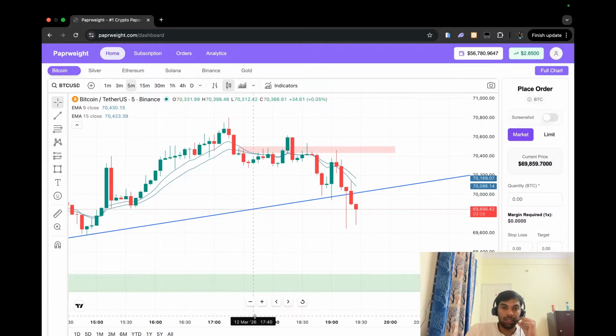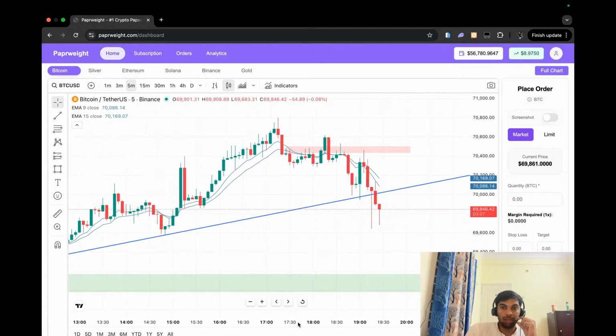Okay, nice. Bitcoin is taking rejection from this area again and again. So that means the buyers are present here. And if this is the rejection, I don't know how many sellers got trapped by this. Let's wait in silver.